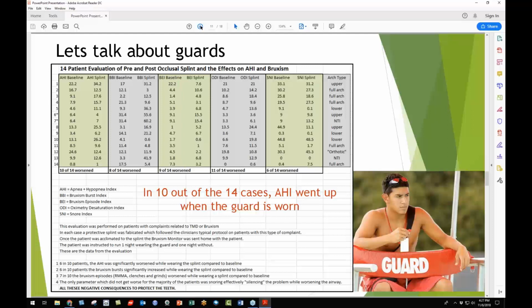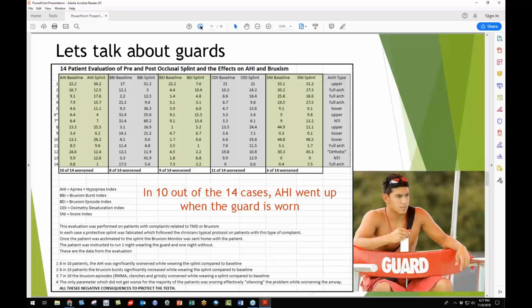This was a study done on patients that the dentist had already treated, and we would partner with the dentist. They had a Knox T3, and they said, you know what, this one patient, I think they might have an airway issue, and I've given them a guard. So I'm going to do 2 nights and see what's actually happened to the airway when I put the guard in my patient.